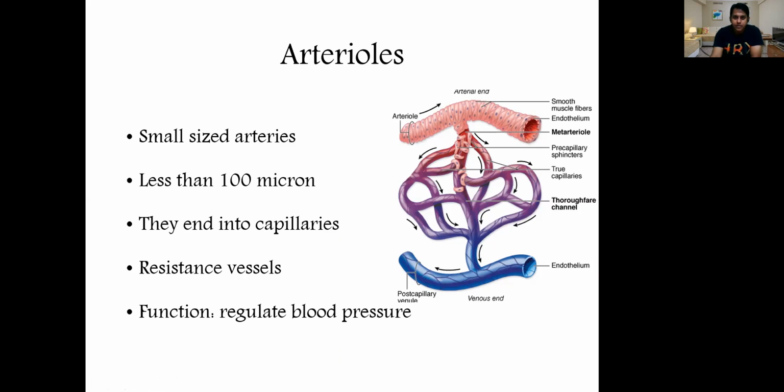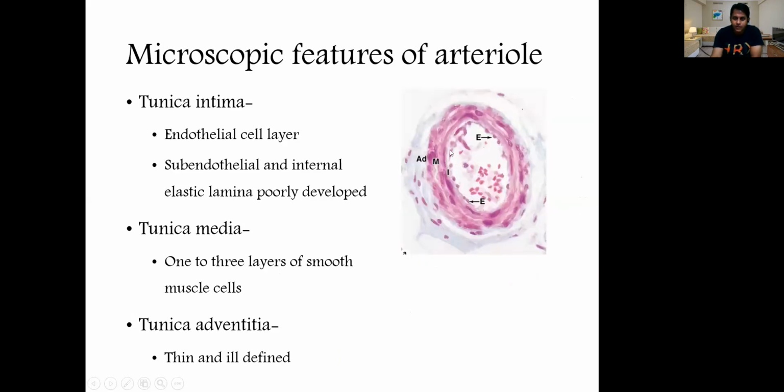Okay. Let us go into the histological features. Here, the tunica intima has the endothelial cell layer, while the subendothelial layer and the internal elastic lamina are poorly developed. The tunica media may have smooth muscles of around 1 to 3 layers. Why do I say 1 to 3 layers?